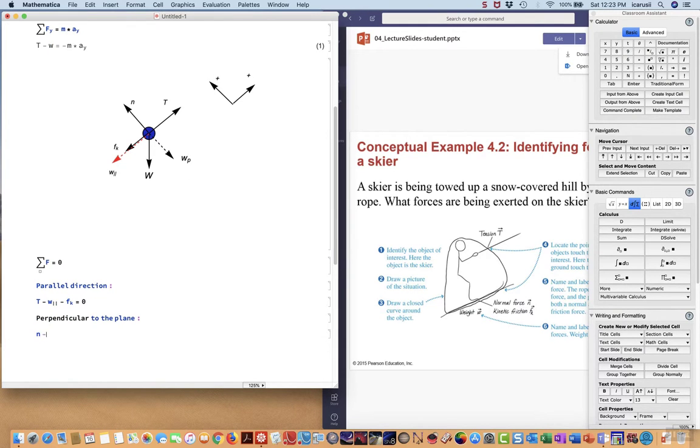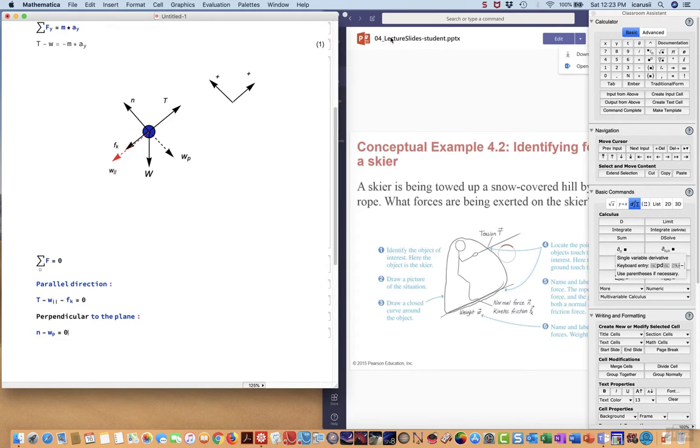N minus W sub P equals 0. So here are two examples of setting up a free body diagram and setting up Newton's first and second law for particular problems. Now, in the next recording, I will do some more specific examples, and you can see some specific examples in Lecture 5 located in your team's lecture notes. Okay, thank you very much.